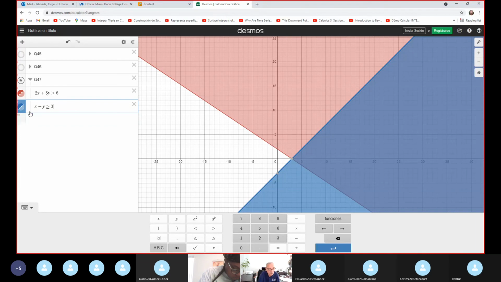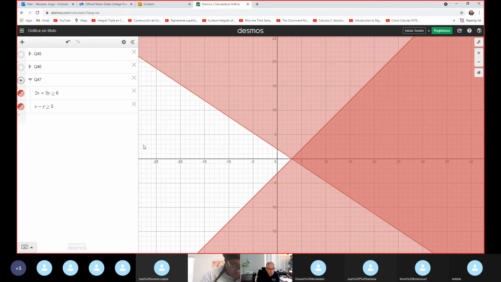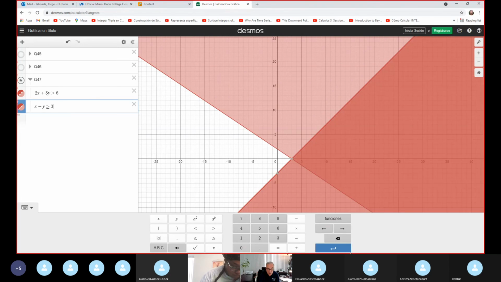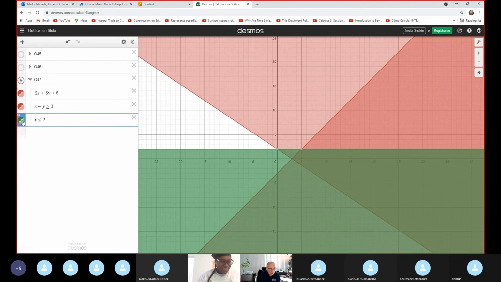Okay, so now to see much better, I change the color. I make a decision to change everything to red. Now the last one is y less than or equal to. No green, red, red, red. The reason for using the same color is that you can see more clearly what the dark part is.